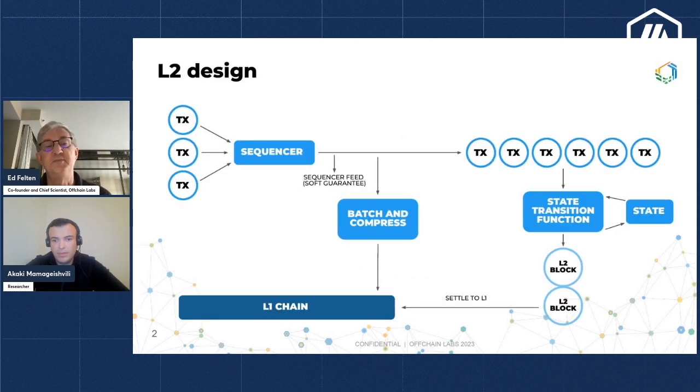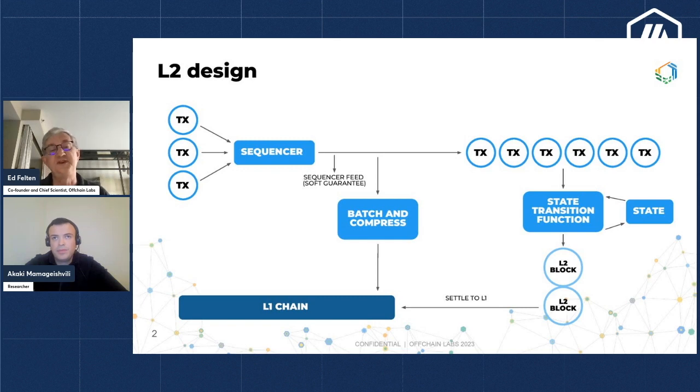Okay, so just a reminder of how L2 or indeed L3 chains operate and the role of the sequencer. Basically, the role of the sequencer is to take in transactions sent in by users and to output a feed of transactions, the sequencer feed, that says which transactions are going to be executed by that Arbitrum chain and in what order.